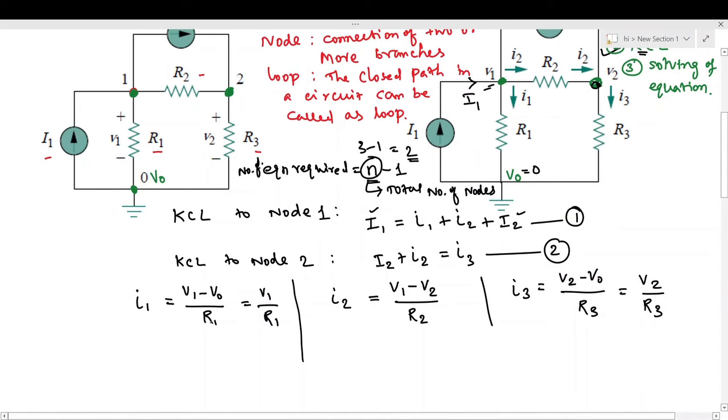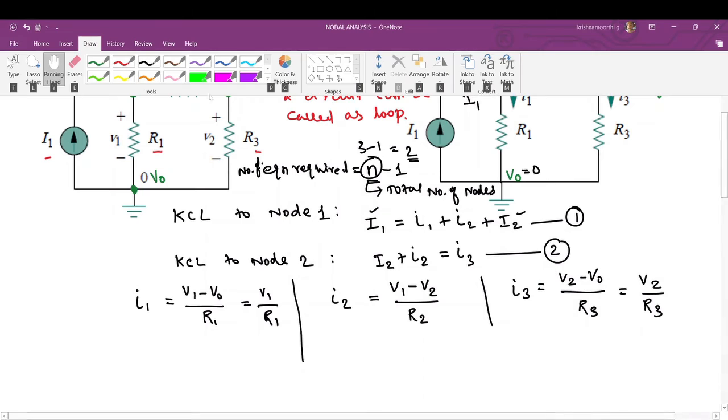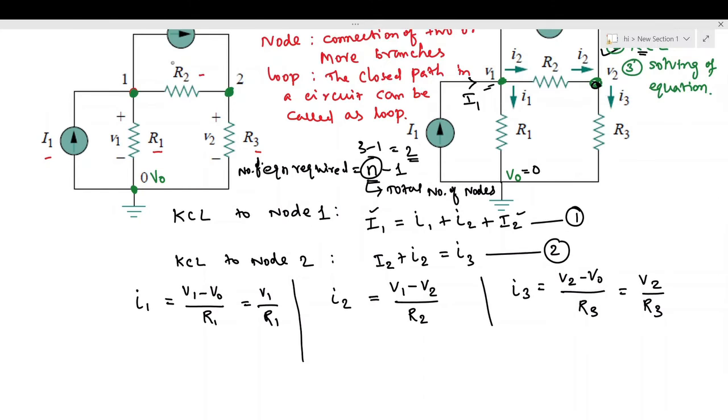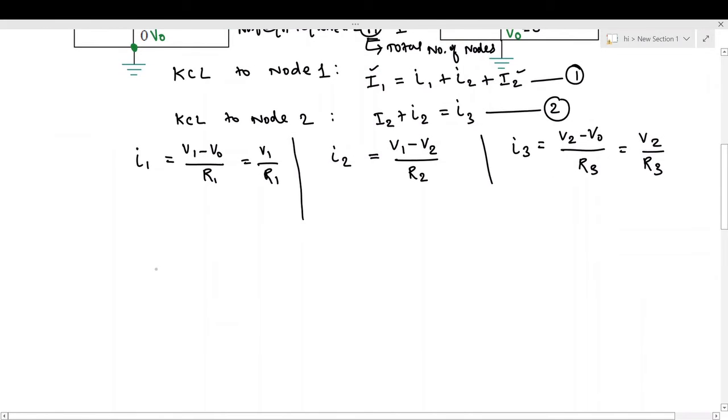Now we will apply all the current values, that is I1, I2, I3, in equations 1 and 2. First we will take equation number 1. Now equation 1 is capital I1 equal to small I1.